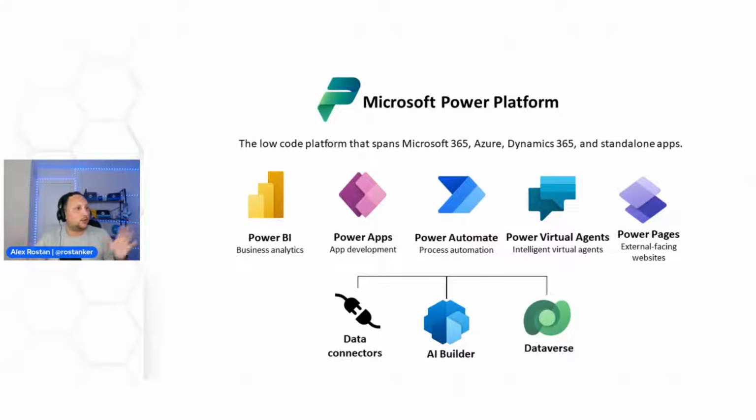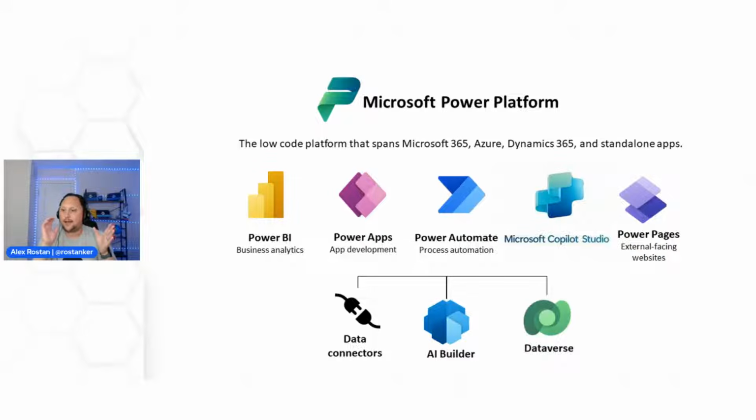But for those who may not be too familiar with the Power Platform, we can say it is a robust platform that combines Power BI, Power Apps, Power Automate, Power Virtual Agents, or Microsoft Copilot Studio, and Power Pages.